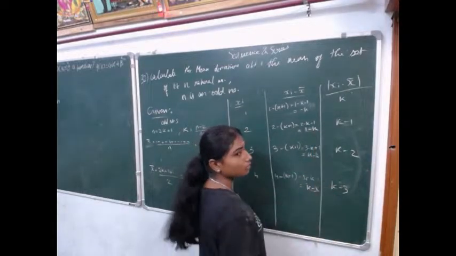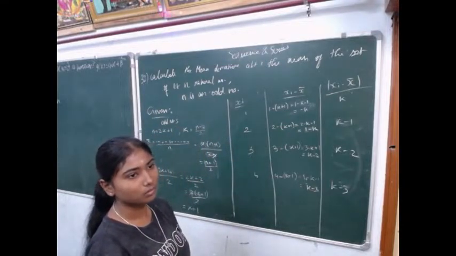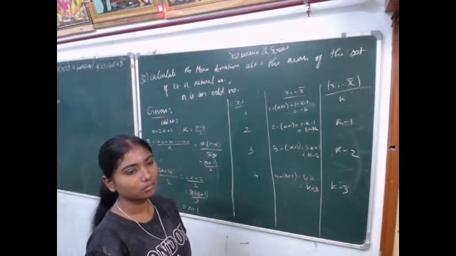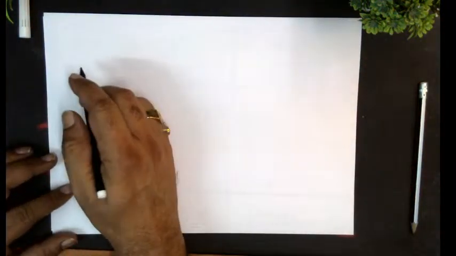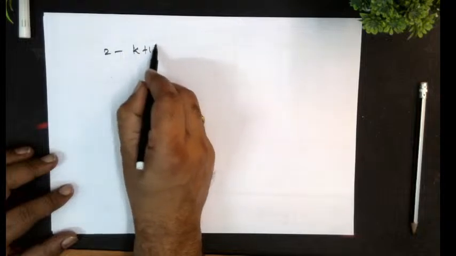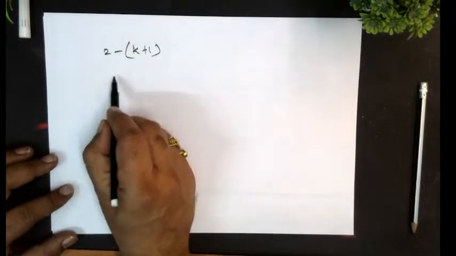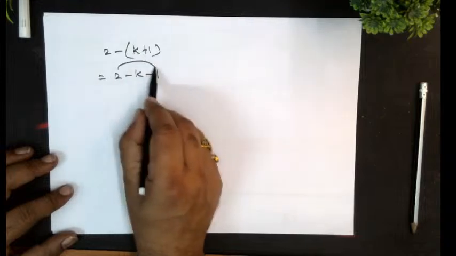Listen here. What is your value? 2 minus K plus 1, right? So that is equal to 2 minus K minus 1. 2 minus 1 is equal to 1.